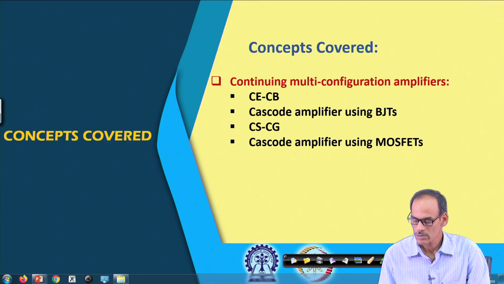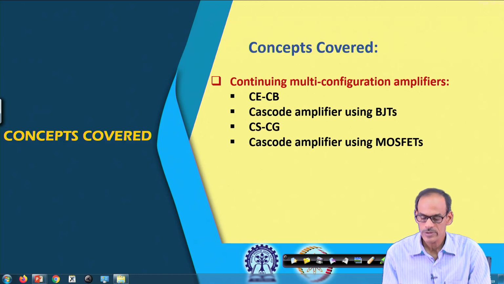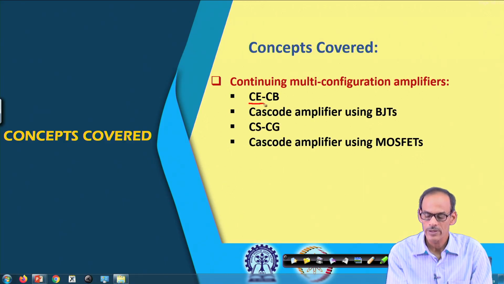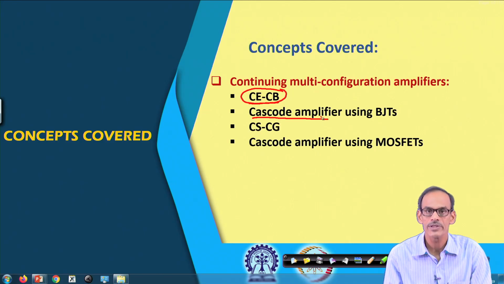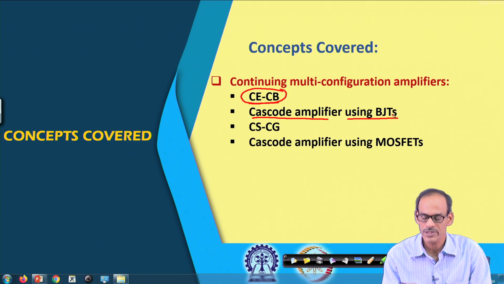So, the concepts we will be covering in this lecture are the following. We shall start with CE followed by CB, and with appropriate modification, it gives us a relatively simple circuit configuration, which is commonly known as the cascode amplifier. That amplifier we will be discussing in depth, using BJT.